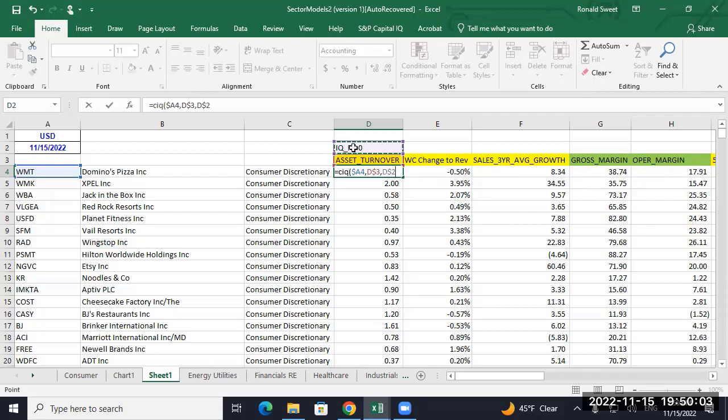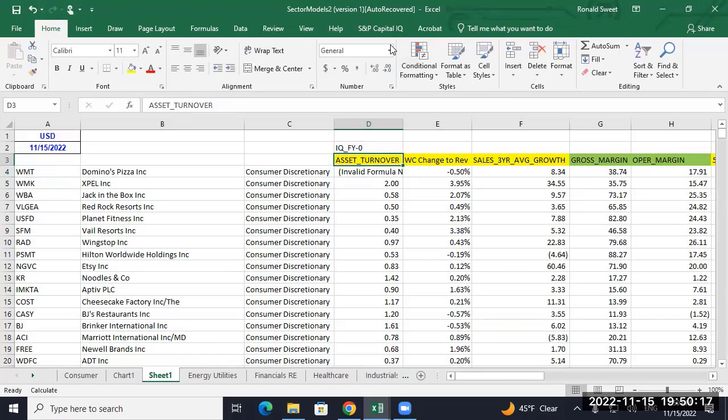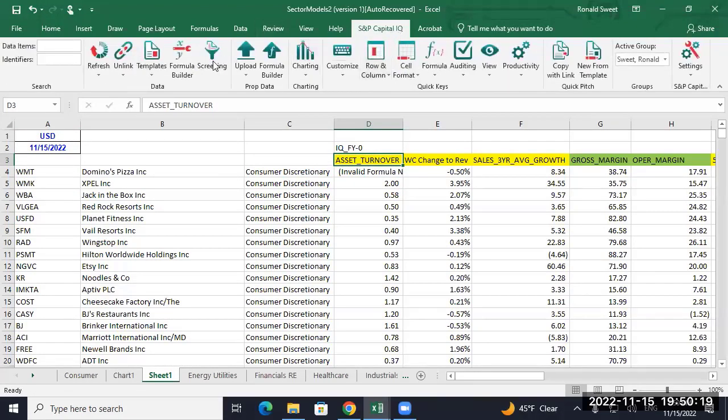Is that right? Then what? The day, comma, comma, comma, US dollars. Obviously, it's going to give me an error message, but let's find it. So we got Capital IQ, formula builder. We're looking for asset turnover.